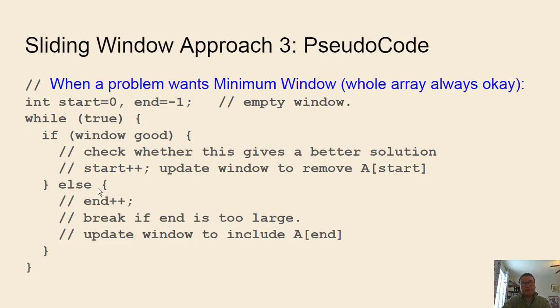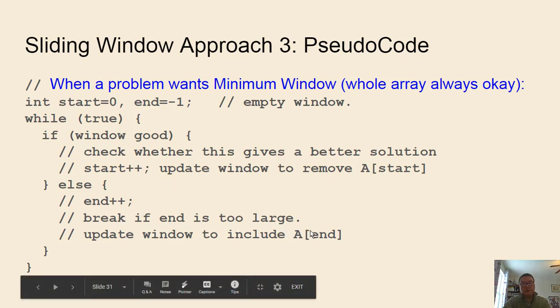If the window is not good, then we need to make the window bigger, in the hope of making it good by moving the right pointer. And if we are outside the range, then we're done. If the end points outside the array, then we're done. Otherwise, we'll update the window to include this guy.